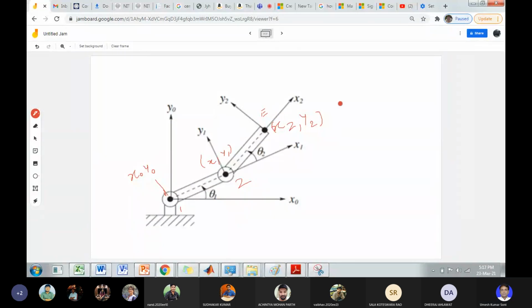so what is the Cartesian coordinate of x2 y2 with respect to base frame?